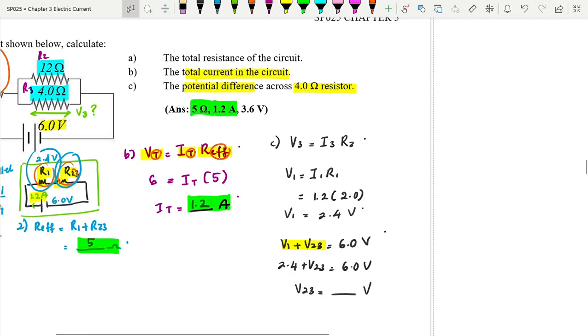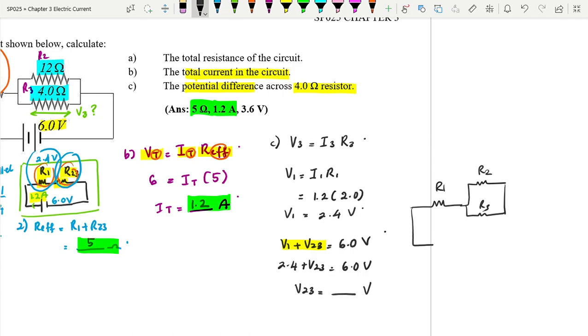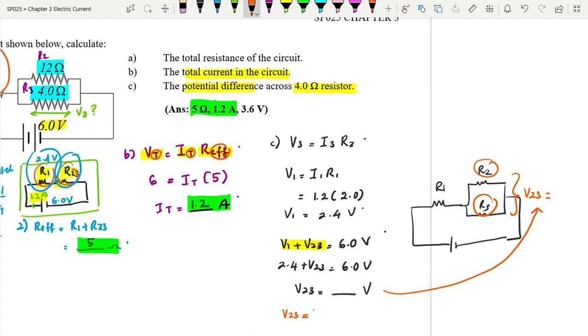Kita tahu circuit kita, kalau kita pecahkan, this is R1. Kemudian kita ada dua resistor R2 and R3 that is connected in parallel. Okay, ni voltage kita. So, bila kita dah ada V23 punya nilai daripada sini, sebabkan dua ni parallel, jadi kita tahu V dia mesti sama. So, V23 is actually bersamaan dengan V across 2, bersamaan dengan V across 3.